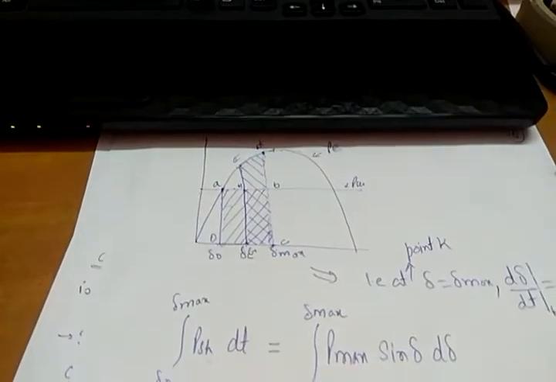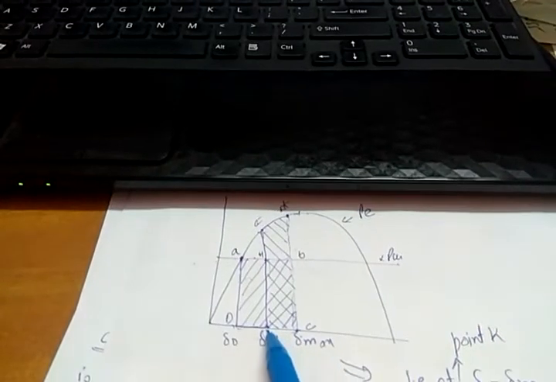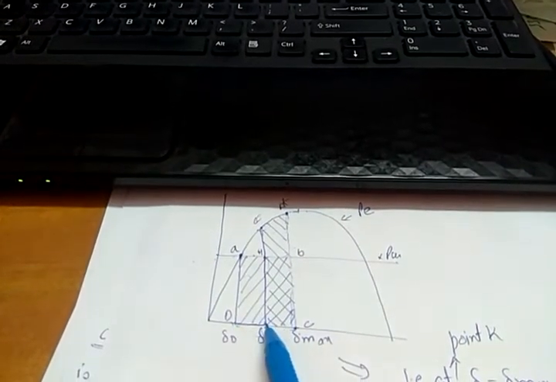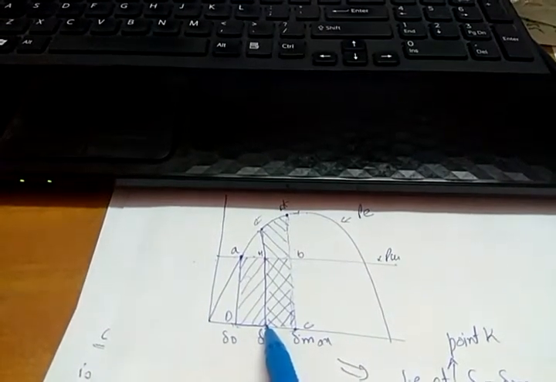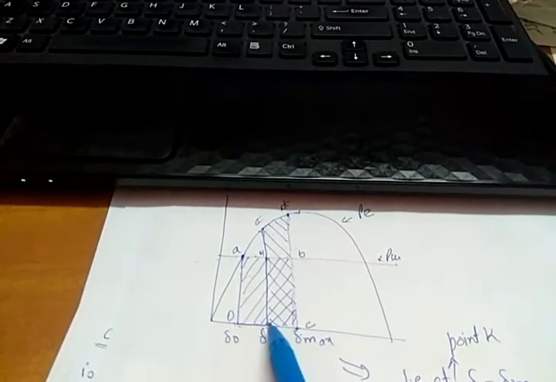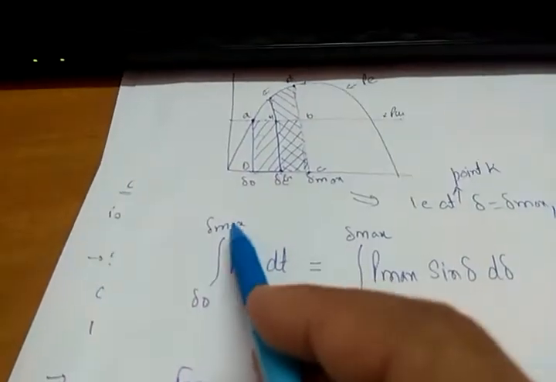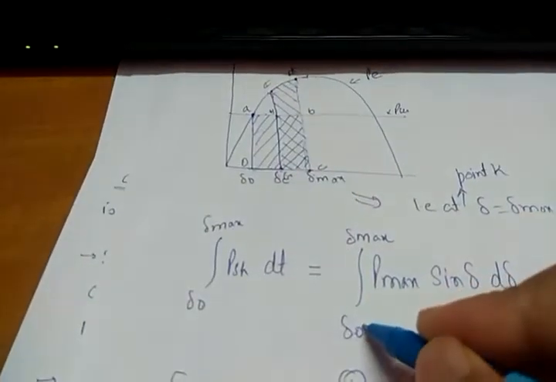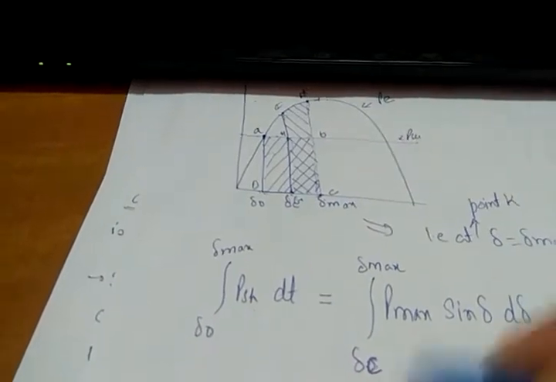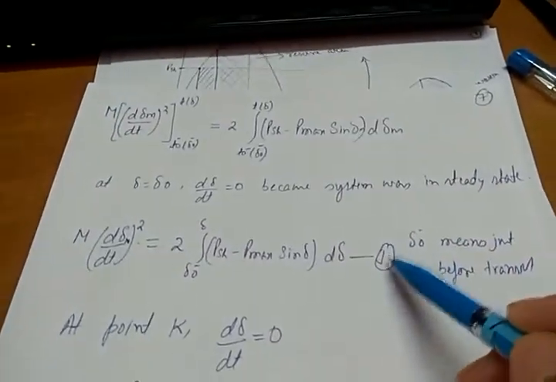Because from delta naught to delta C, the electrical power is 0, so the area made by the electrical power there is 0. The area made by the electrical power is from delta C to delta max, and the area made by the shaft power is from delta naught to delta max. So that's why I am writing delta naught to delta max here. However, for electrical power, it should be from delta C to delta max. No, it is right. So from this equation, I told you to remember this equation J.